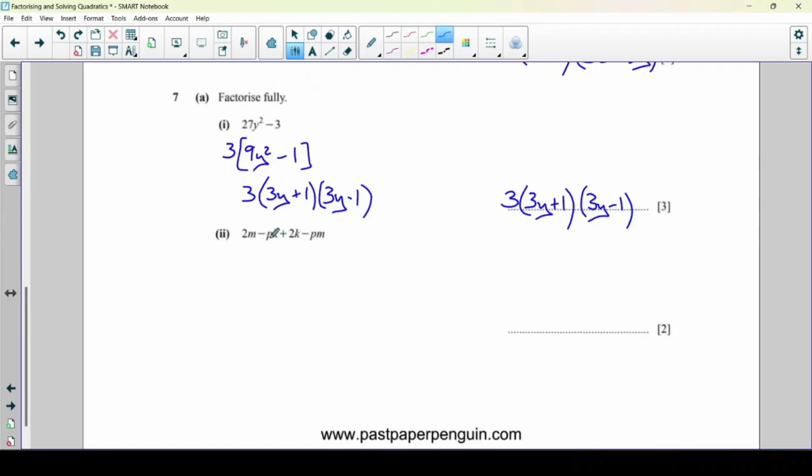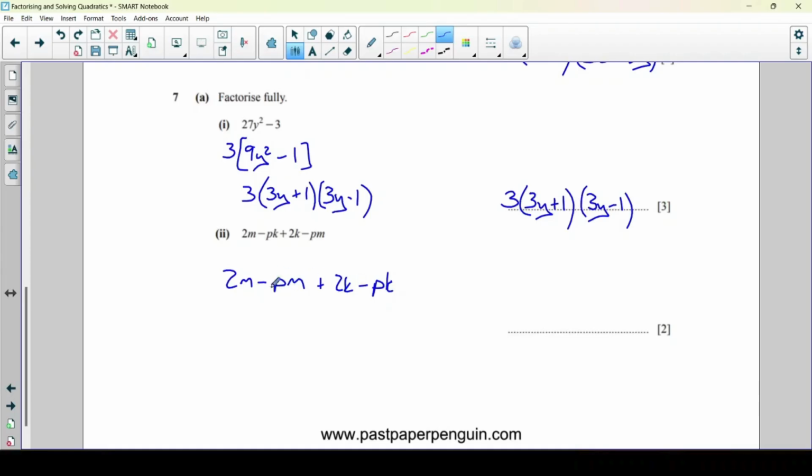Next one again looks like 2 single brackets. I'm going to try factorising it as it is, or maybe I'm not, because I can see here I can only take a 1 out of these 2, and then I'd be forced to do the same with these. It's not going to give me the same bracket, so actually I'm going to do a bit of rearranging. I'm going to get these 2 maybe with the m's together, so 2m minus pm plus 2k minus pk.